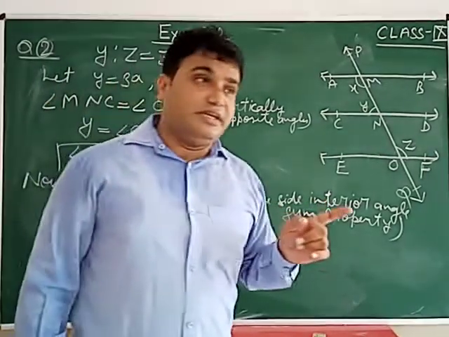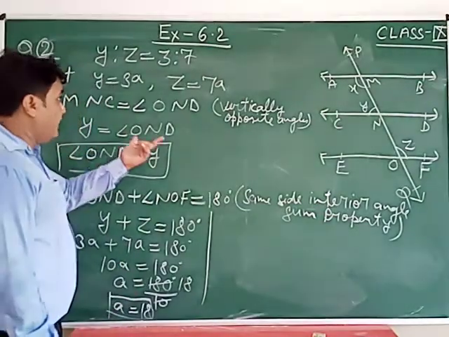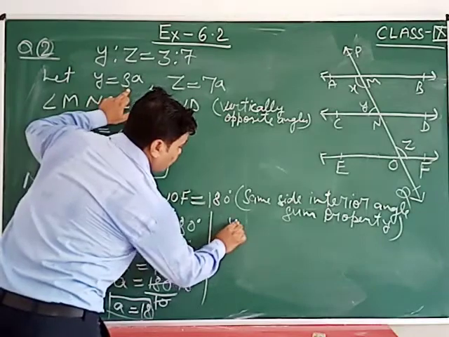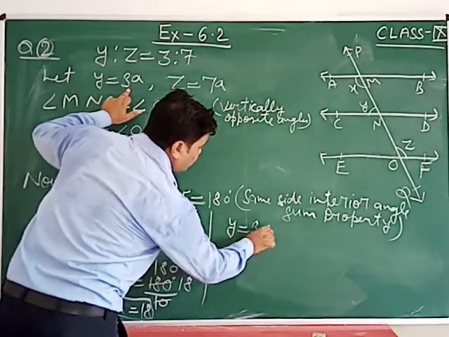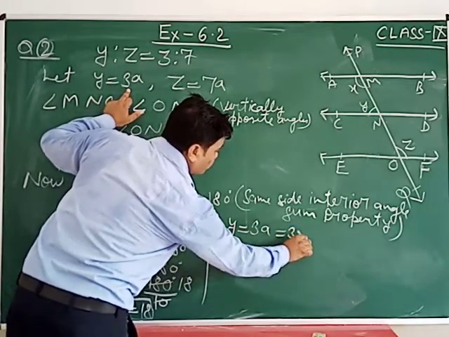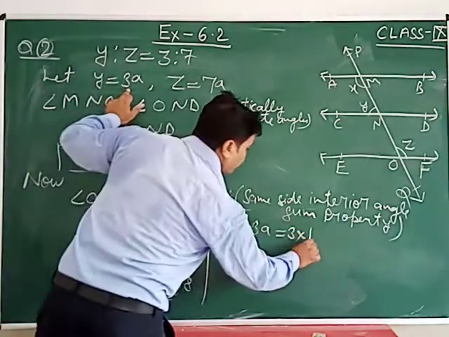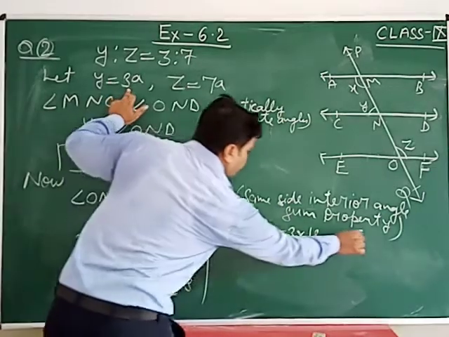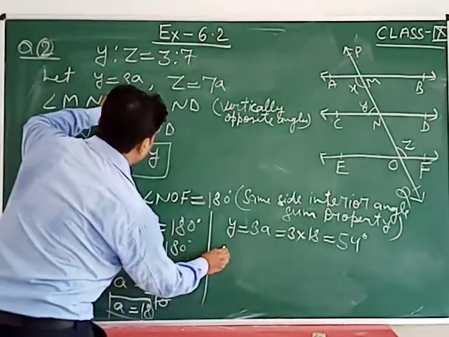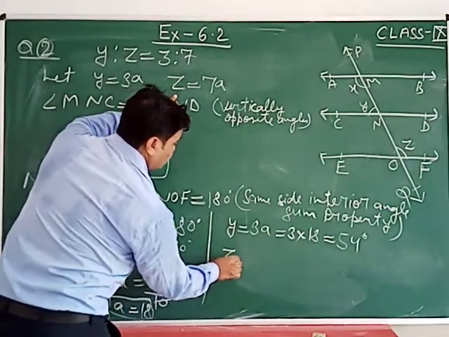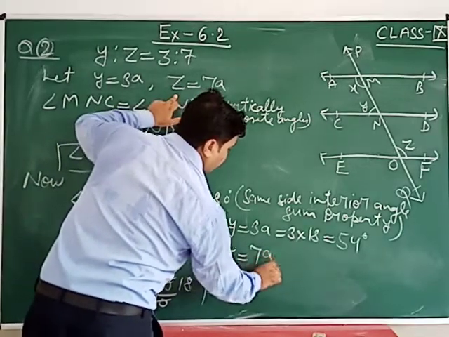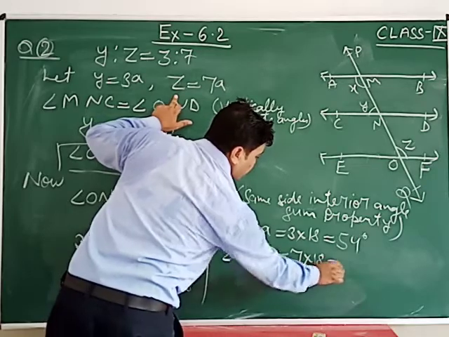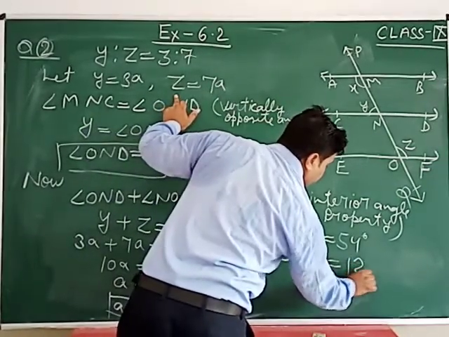If you want to find y, you can, because y is 3a, equal to 3 into 18, which is 54 degrees. And z equals 7a, 7 into 18 equals 126 degrees.